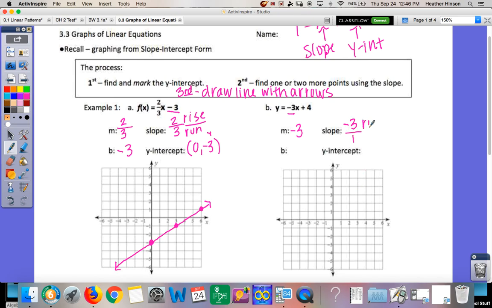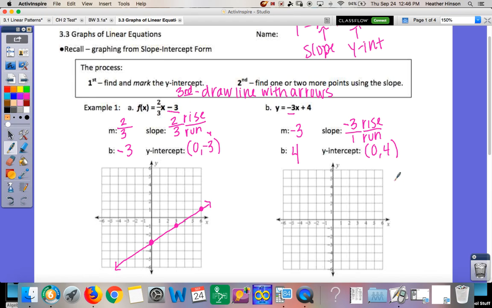And now you have your rise over run. It has to be a fraction to get rise over run. Your b, that's the number at the end, so that +4. Your y-intercept is your b written as a point. So we do parentheses, 0, 4, close your parentheses.